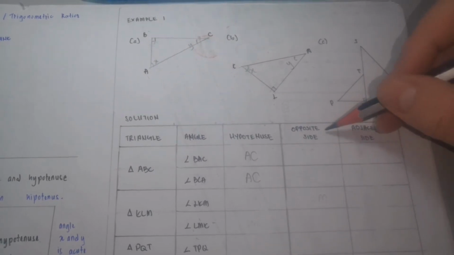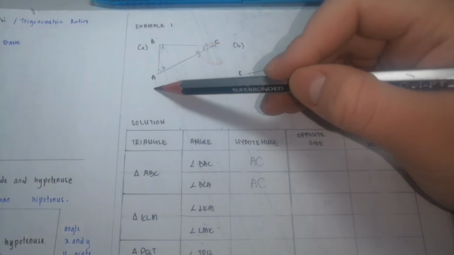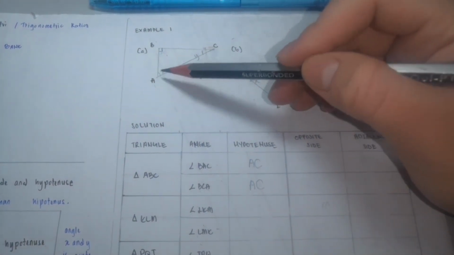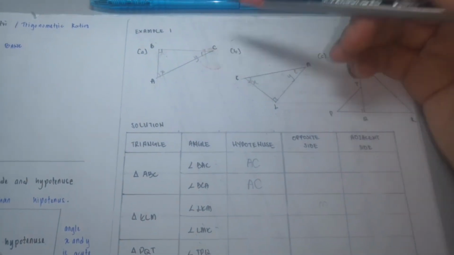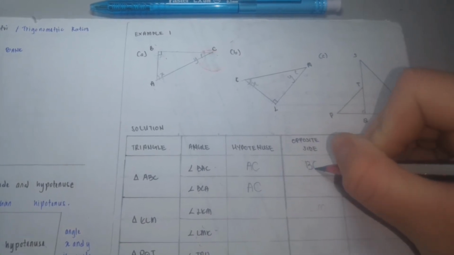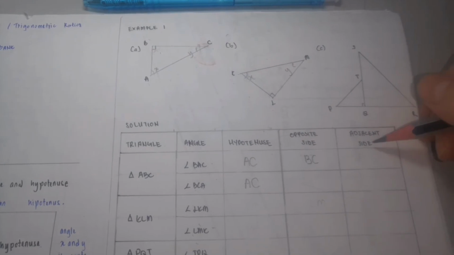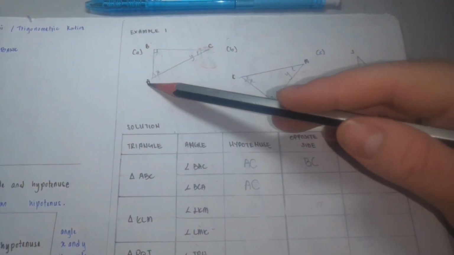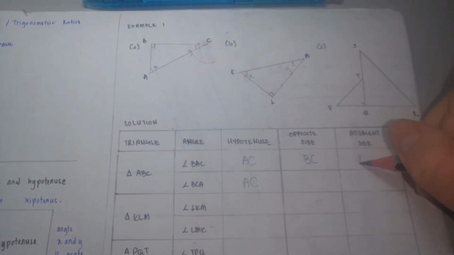Let's see the opposite side of BAC. When the angle is here, the line opposite the angle is BC, right? So we write down BC. And the adjacent side, which is the line beside x, is AB, right? AB. Good job.